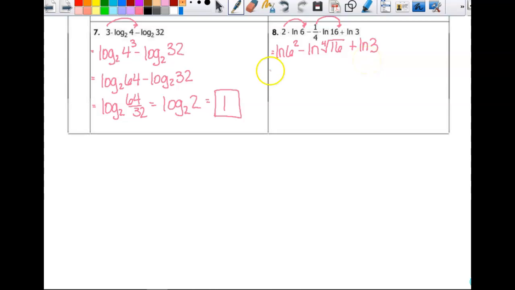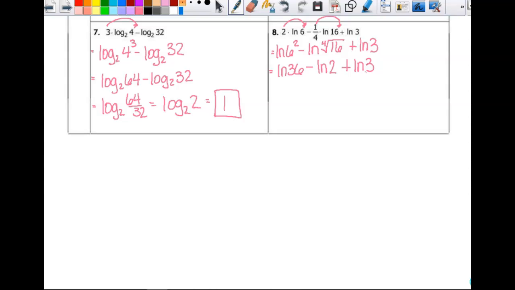Right, so natural log of 6 squared would be the natural log of 36 minus, so when you take the 4th root of something, it's easier than the 3rd root because you just take the square root and take the square root again. So the square root of 16 is 4 and the square root of 4 is 2. So this is the natural log of 2 plus the natural log of 3.